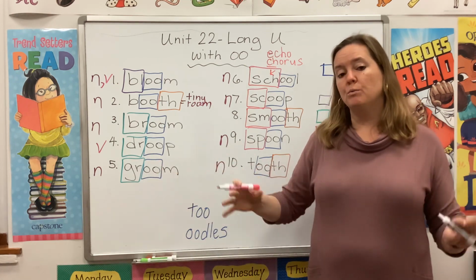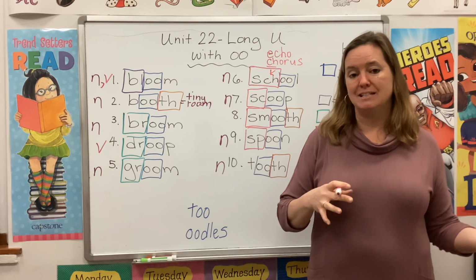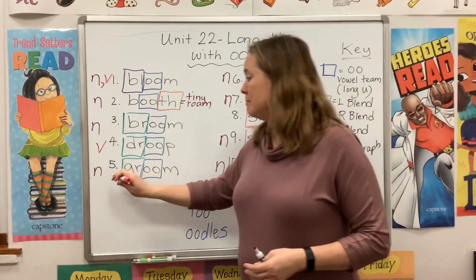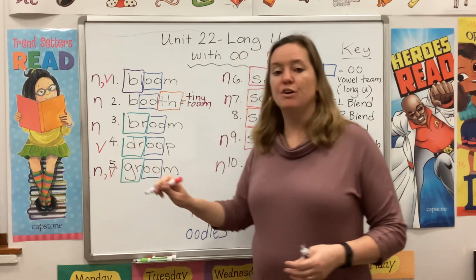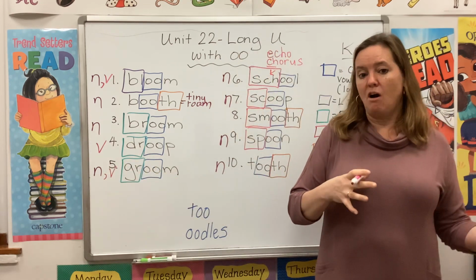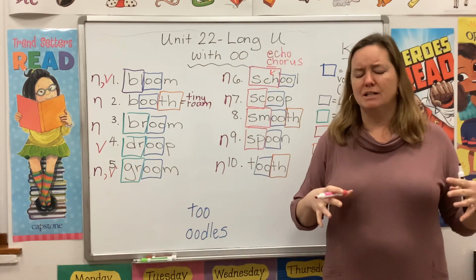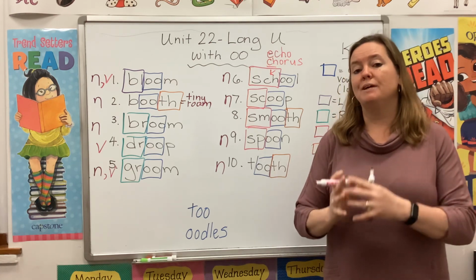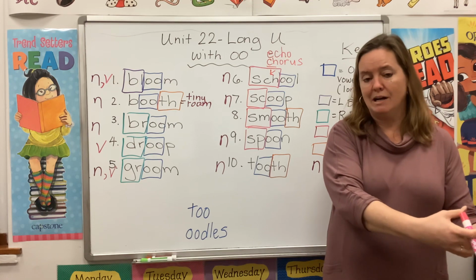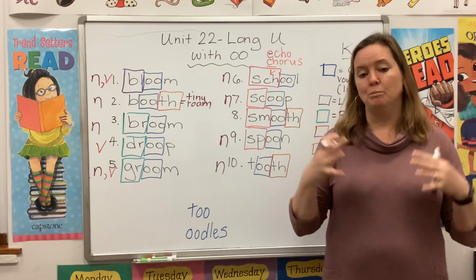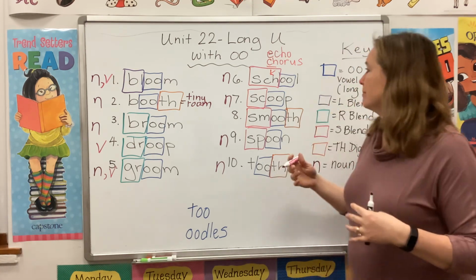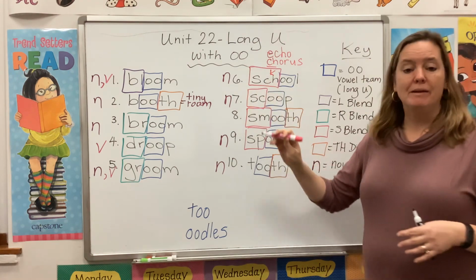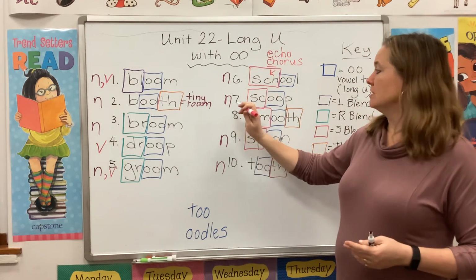Groom, I told you a groom is a person. It's a man who gets married. But there's another meaning that's a verb. So to groom your dog means to make him look nice, to give him a bath and a haircut and clip his nails, right? You bring your dog to the groomer and he or she grooms your dog. Scoop, yes, it's a thing, but it's also a verb, right?